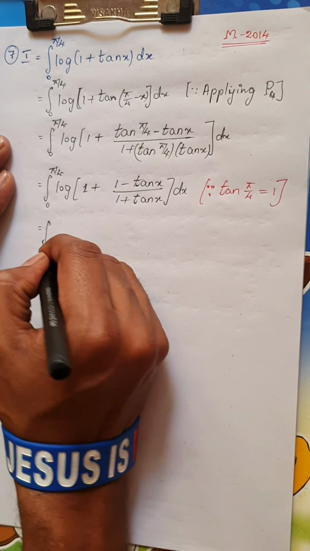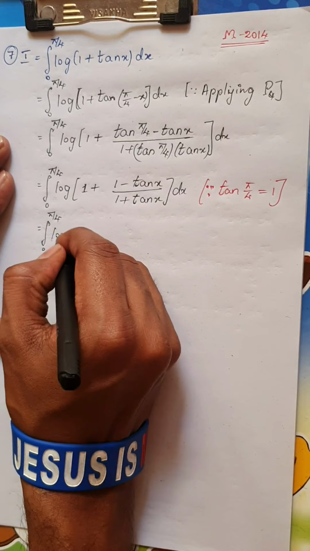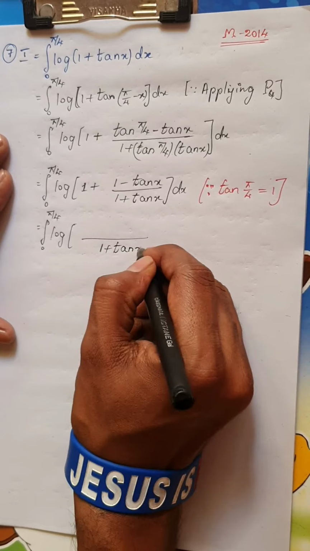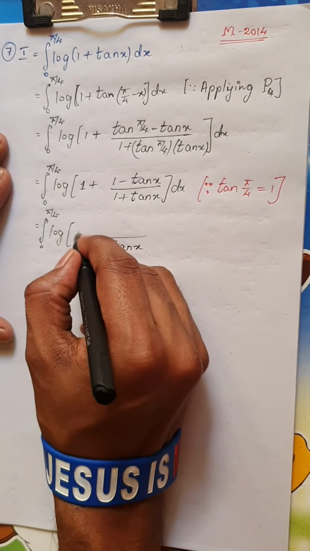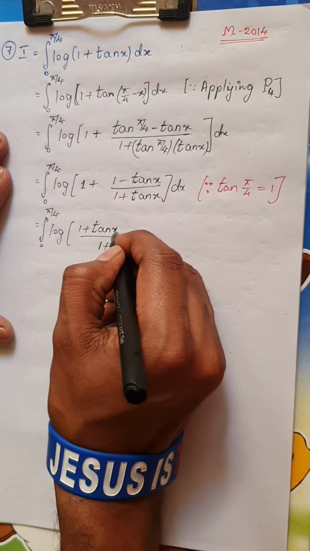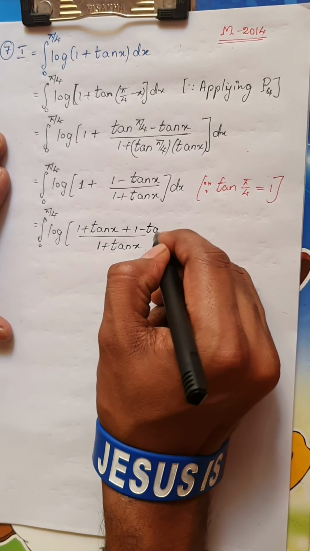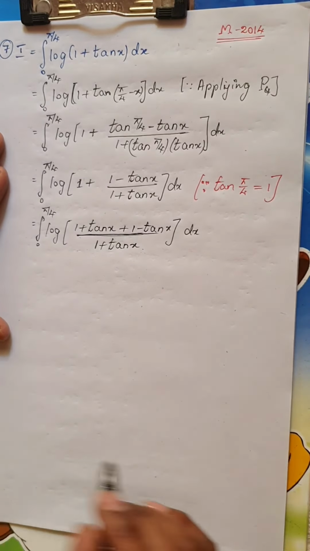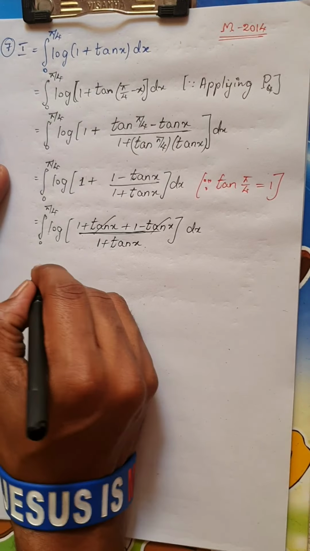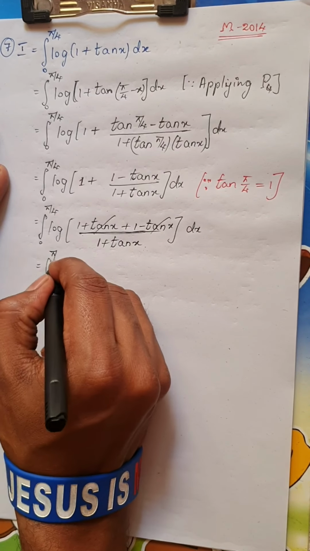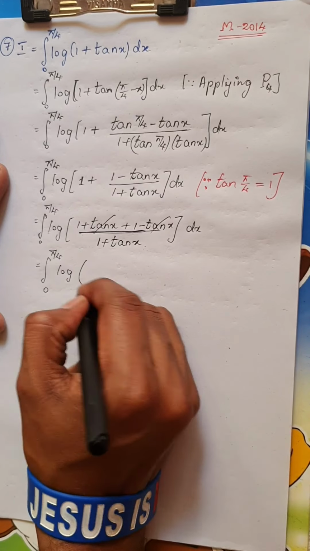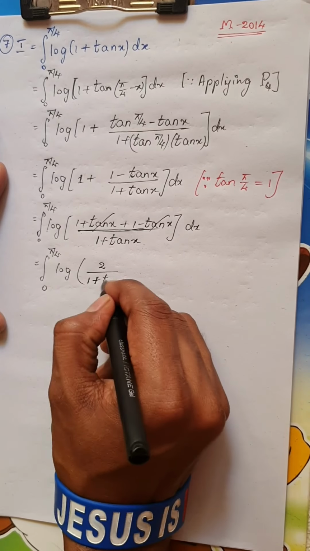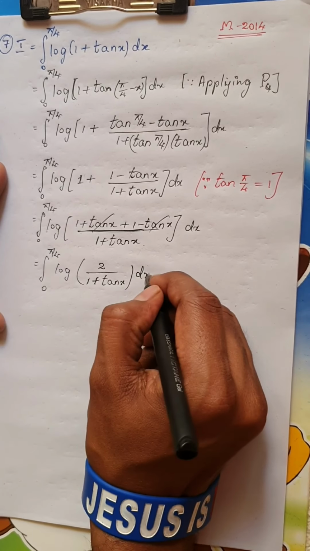Right. So let's take the LCM now, see what happens. This is nothing but integral 0 to pi by 4 log of, denominator will be 1 plus tan x. If you cross multiply here, you will get 1 plus tan x plus 1 minus tan x dx. Is it clear? Now here plus tan and minus tan gets cancelled. This is nothing but integral 0 to pi by 4 log of, remember 1 plus 1 would be actually 2 divided by 1 plus tan x dx.